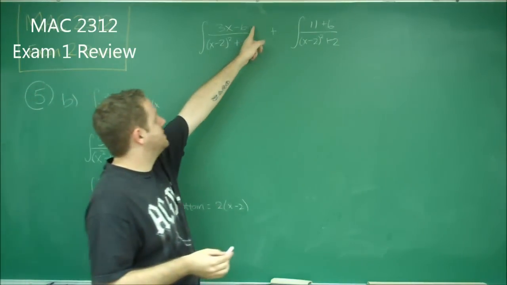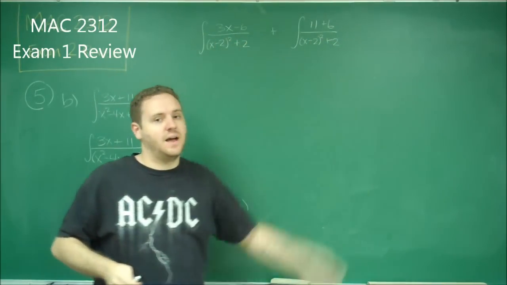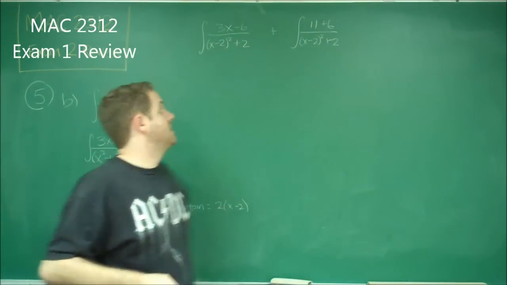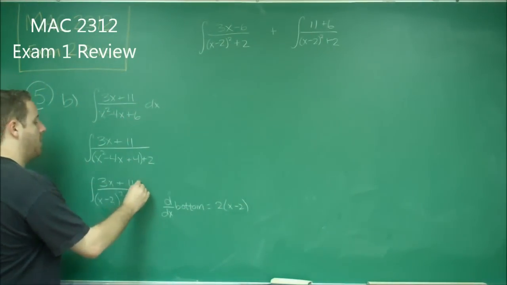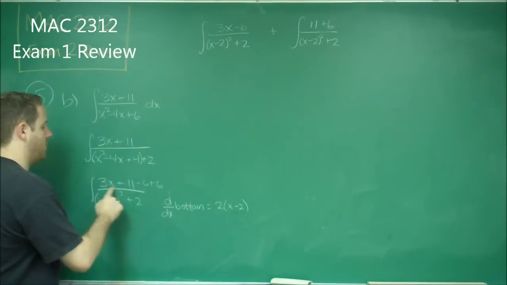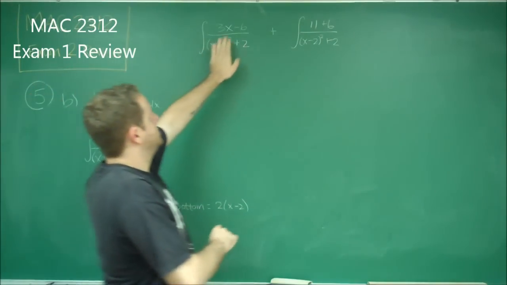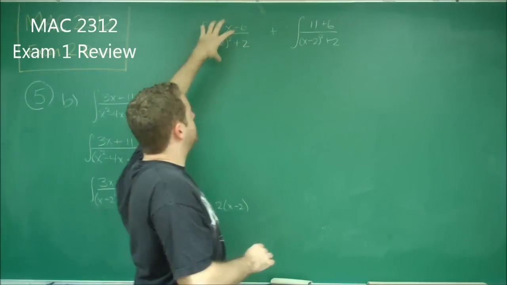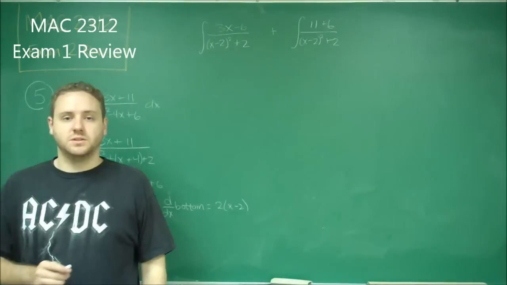If we add 6 here, we could just break that off as another fraction and then add it to that one. So what I just did was basically put a minus 6 plus 6 on the top of that. But I did it in such an order so that it makes sense for this to be a perfect natural log and now this to be an arctangent function.